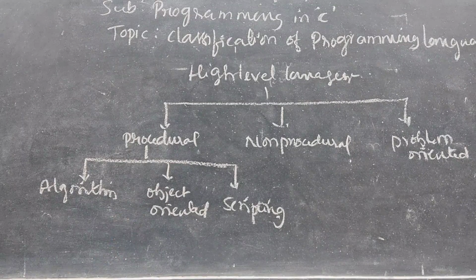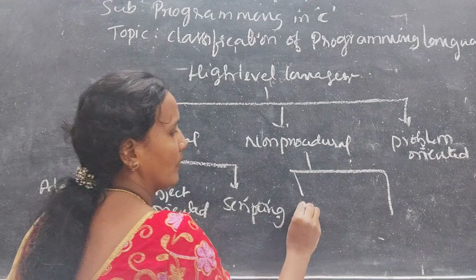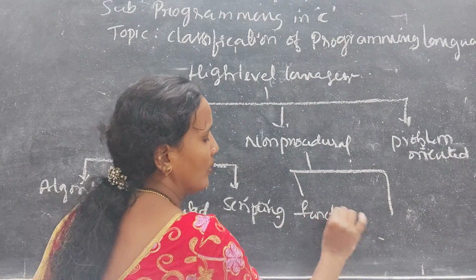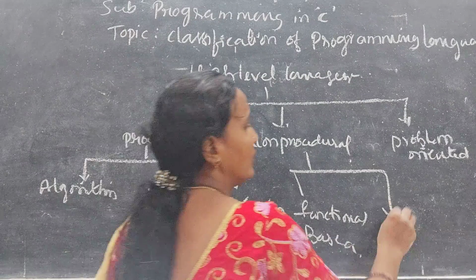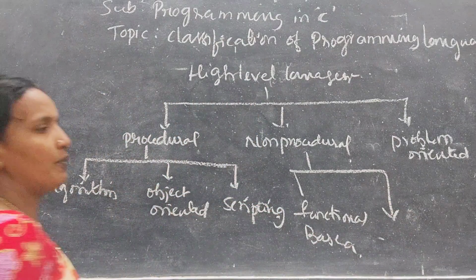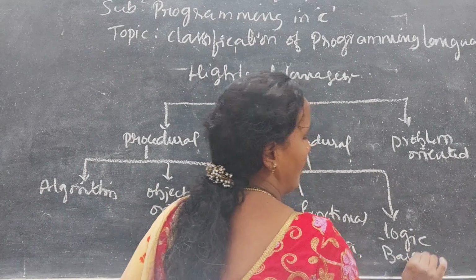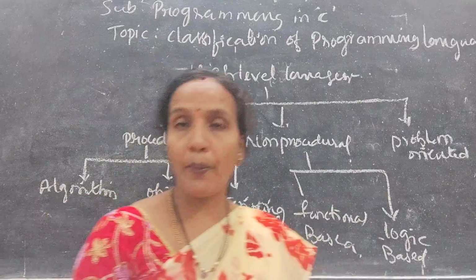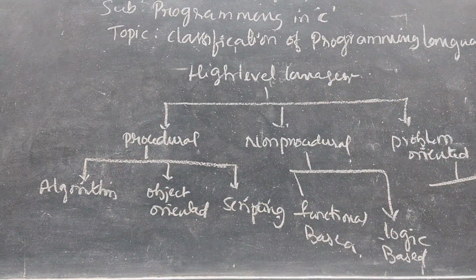Now come to the non-procedural. The first one is functional based and the second one is logic based. Now come to problem oriented language. Problem oriented is again divided into three types.